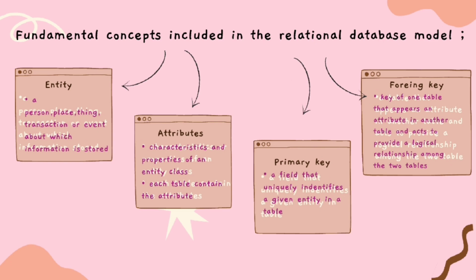Primary key: a field that uniquely identifies a given entity in a table. Last is a foreign key. It's a primary key of one table that appears as an attribute in another table and acts to provide a logical relationship among the two tables.